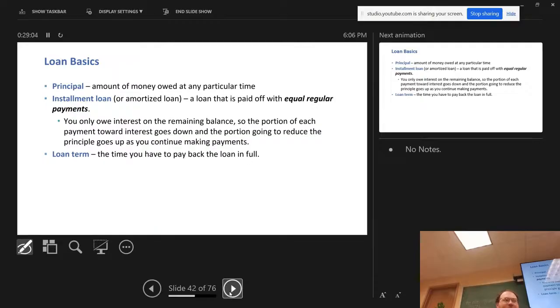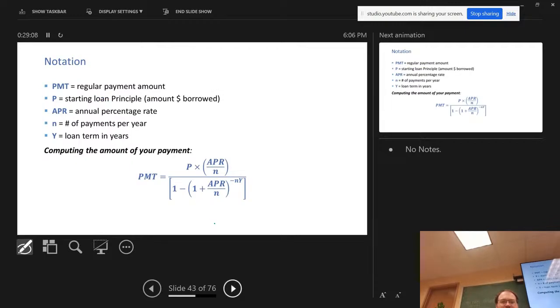Different loan terms for different situations. Again, a rather complicated formula for figuring out the regular payment that you would need to make there.